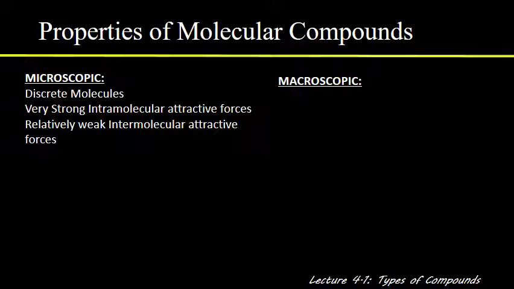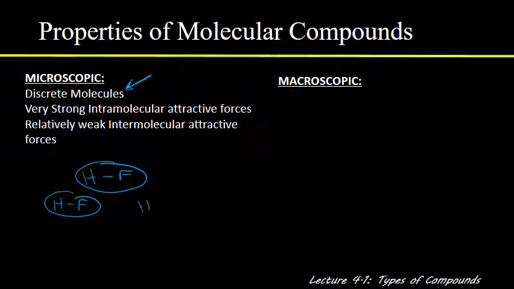Let's look at the microscopic and macroscopic properties of molecular compounds. As we said before, unlike ionics, they exist as individual discrete molecules. If we have a bunch of hydrogen fluoride, they're going to be distinct hydrogen fluoride molecules rather than a random collection of hydrogens and fluorides.